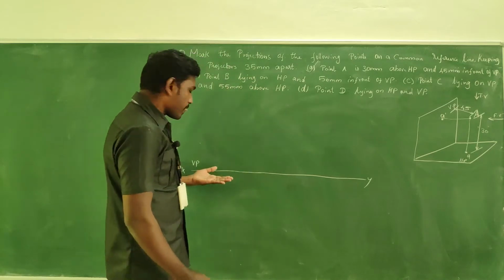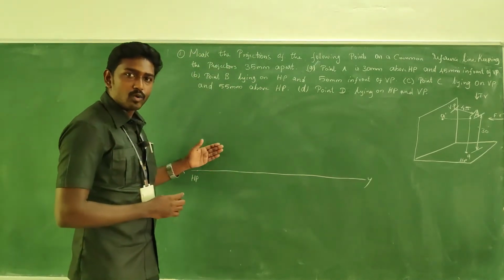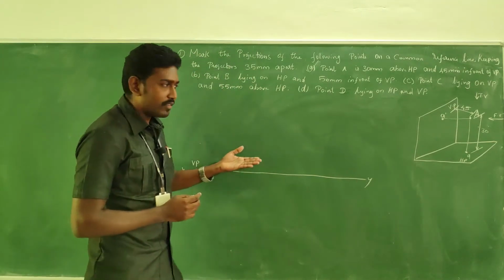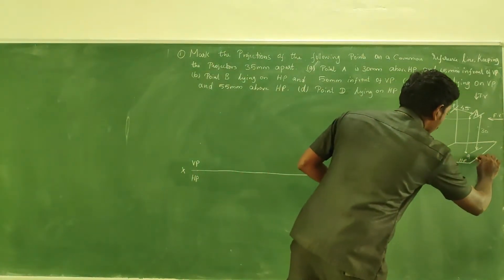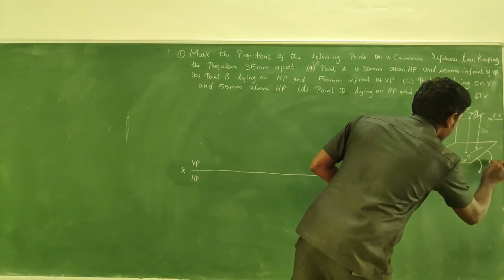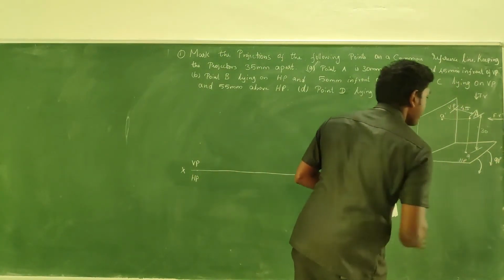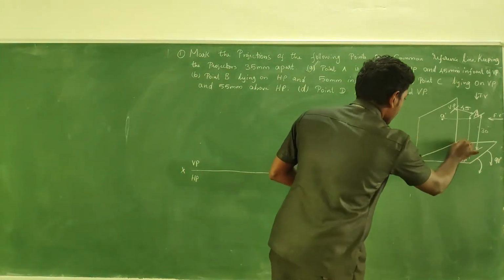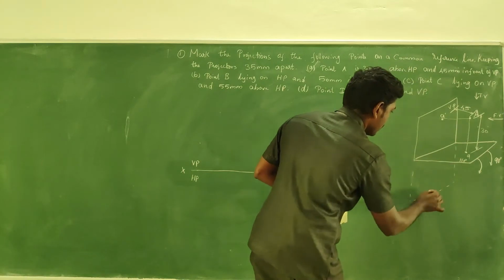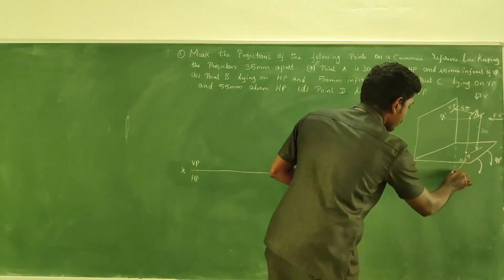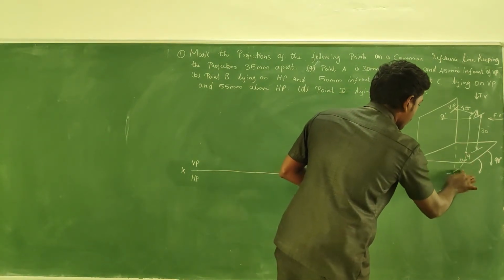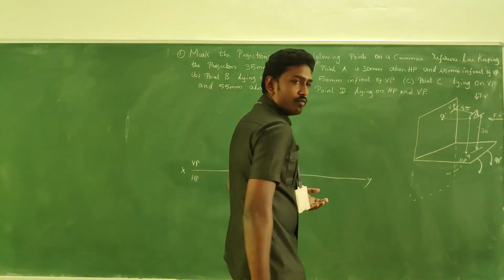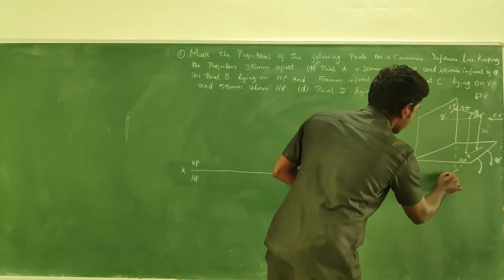As far as our presentation is concerned, we have to convert it into 2D. So what we do is just rotate the horizontal plane through 90 degrees, so that it comes like this, and the position of A will be something like this.